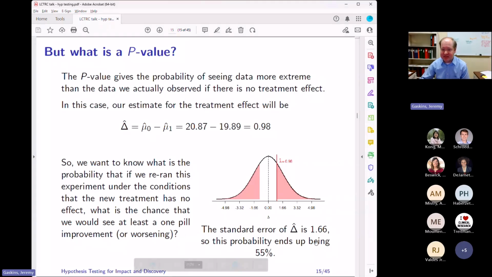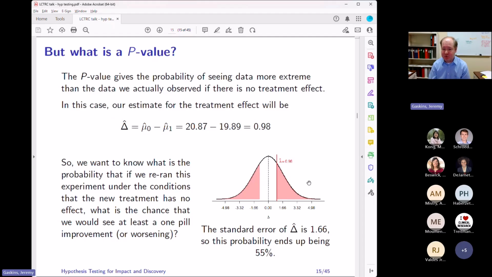And that's what this bell curve is representing. All the areas that are shaded, the probability bigger than 0.98 on my right side, the probability less than -0.98 on my left side. And if I add that shaded area up, I end up with 5.5%, which is the p-value that we started with, right?